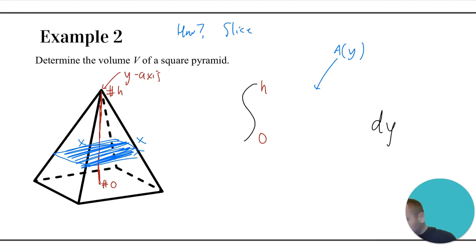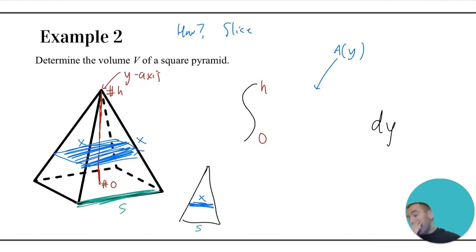And so I think one easy way for us to do that is to look at just a two-dimensional cross-section of this pyramid, like this, and recognize that if this right here is your square cross-section, it has a dimension of x, right? Now, if we say that perhaps the base of this pyramid right here has a dimension of, like, s or something, right?